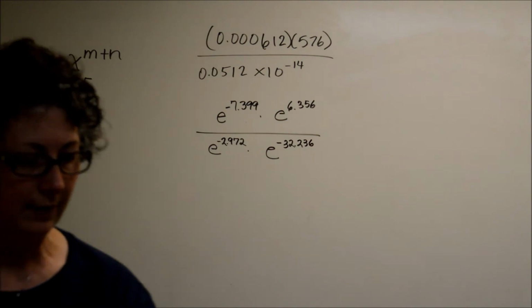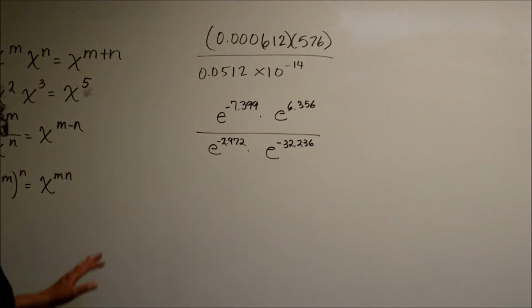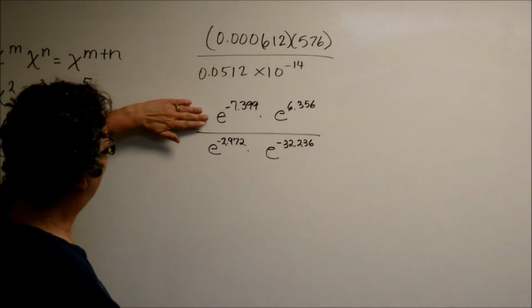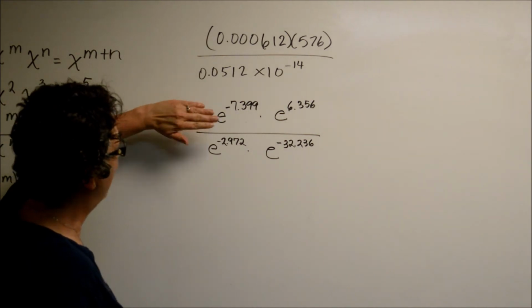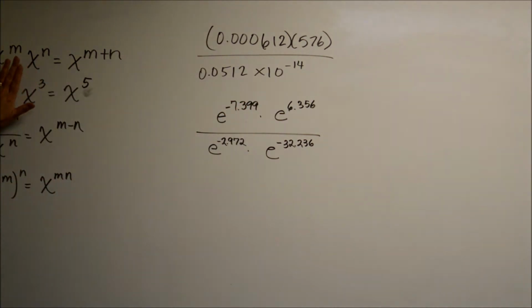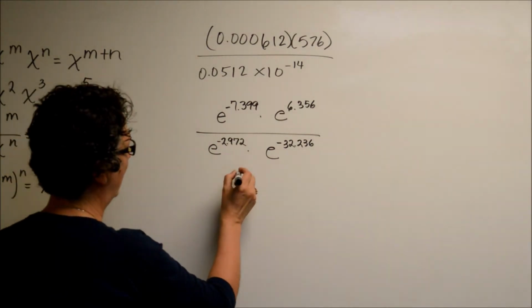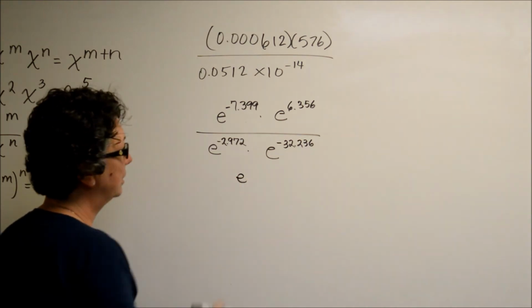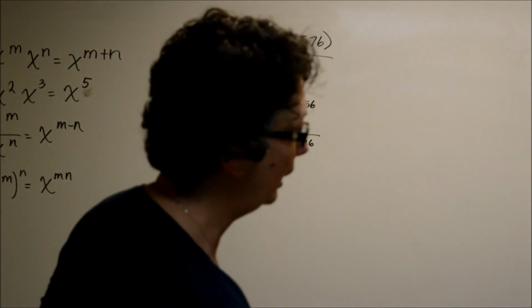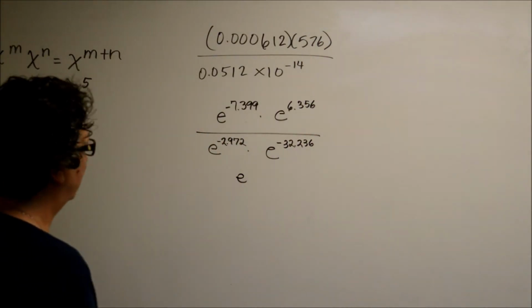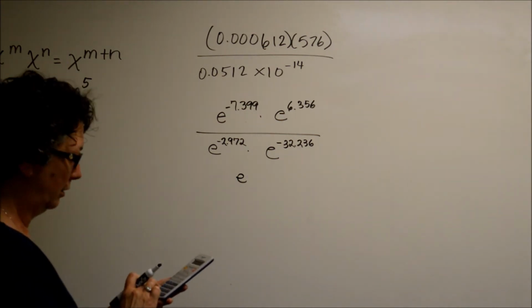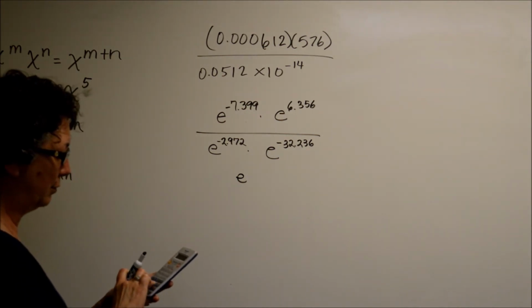Now that I've gotten all four values written in the form of a power of e, I can apply my first two exponent rules and add and subtract. So on the top we've got e to the, I'm going to do this on my calculator so I don't have arithmetic error.